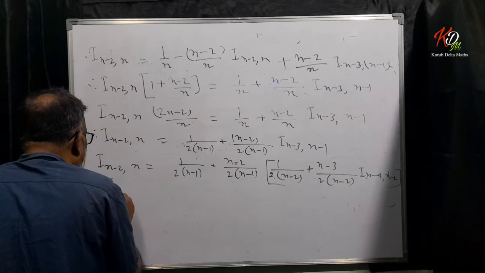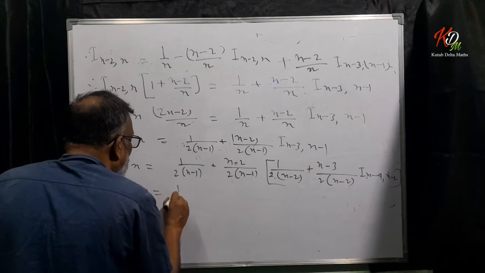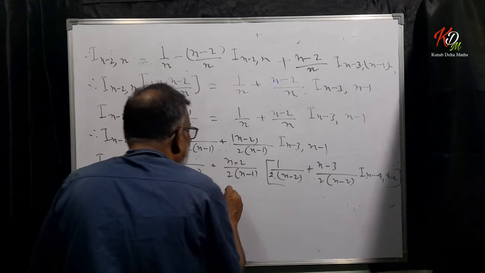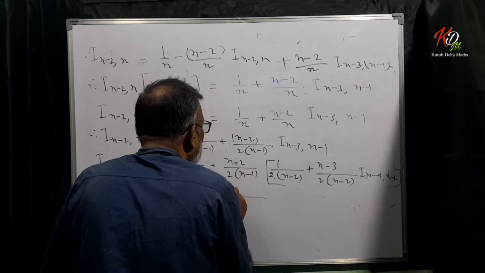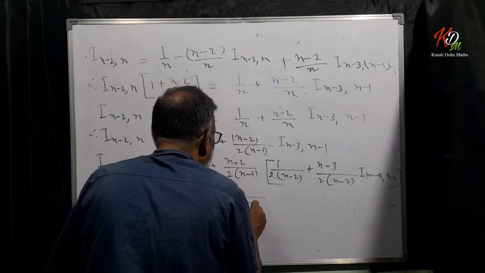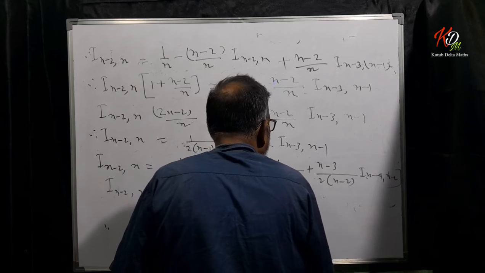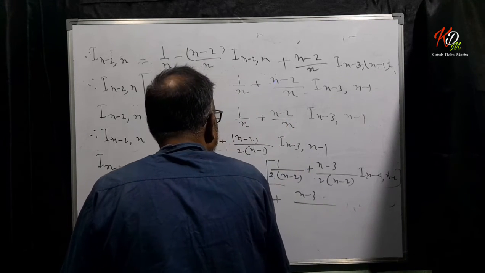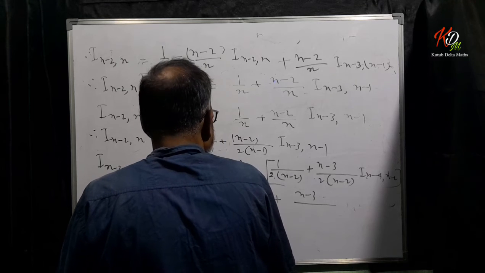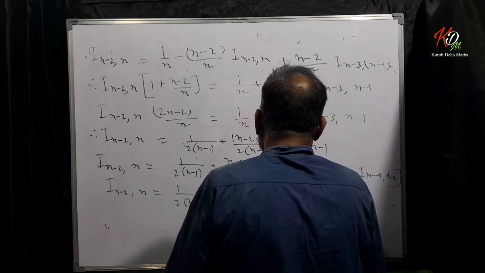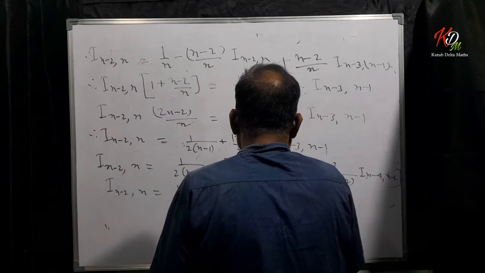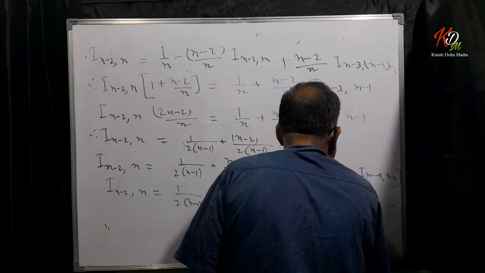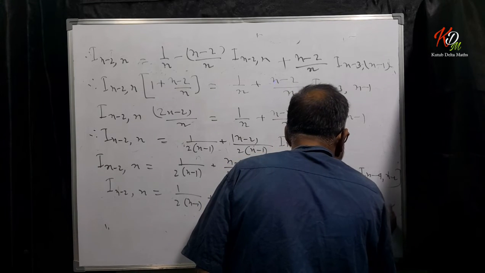Obviously I n minus 2, n equals 1 by 2 n minus 1, n minus 3 by, putting n minus 2, n minus 2, 2 into n minus 1, I n minus 4, n minus 2.